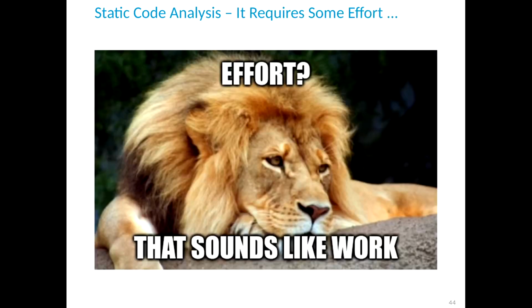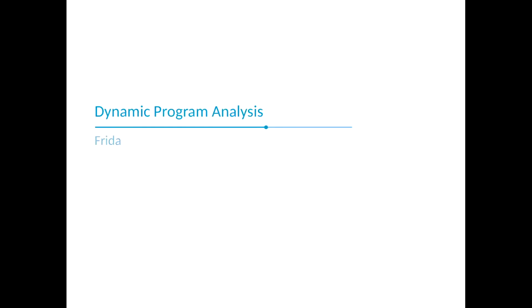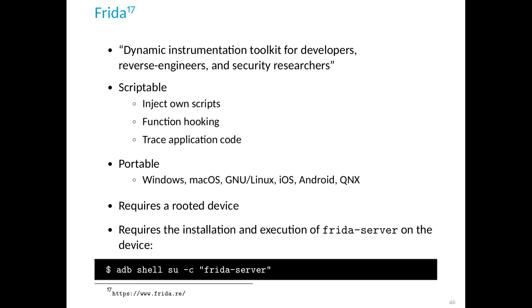So I already mentioned it, static code analysis requires some effort. And yes, effort is a lot of work. And I'm a lazy person, so I decided to try something else. And that's where dynamic program analysis gets into the game. There's a great tool called Frida.